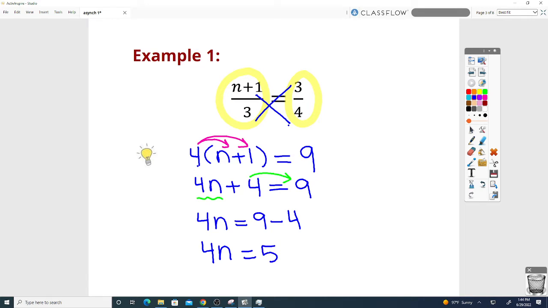Now we still have a 4 with the n. 4 is multiplied by the n, so to get rid of it we use the inverse operation of multiplication, which is division. We divide both sides by 4. 4 cancels out, and we're left with n equals 5 over 4.